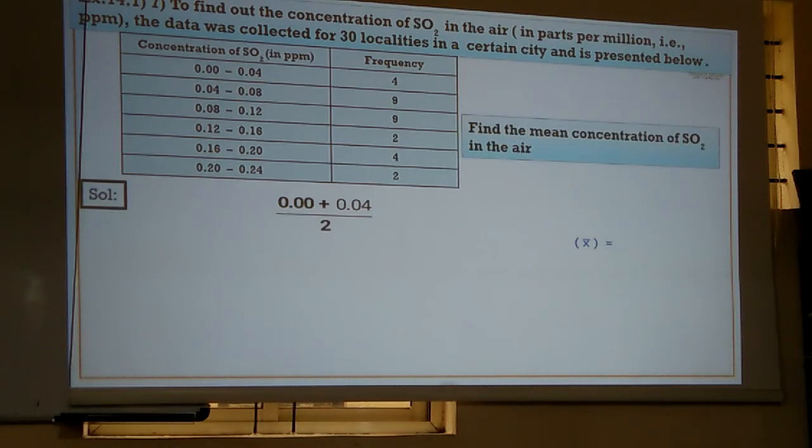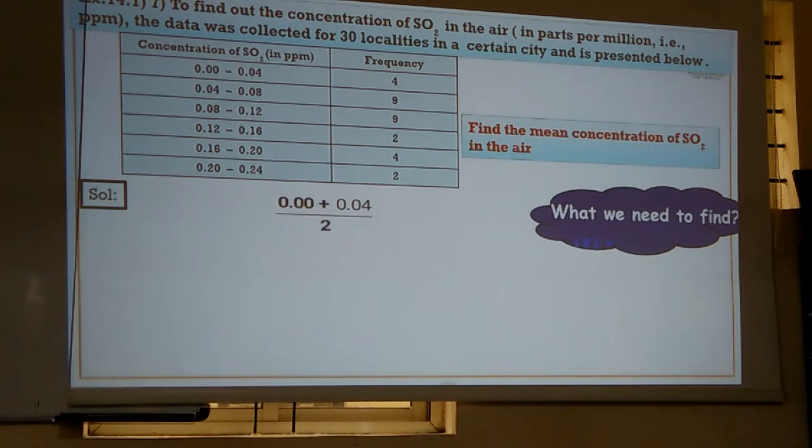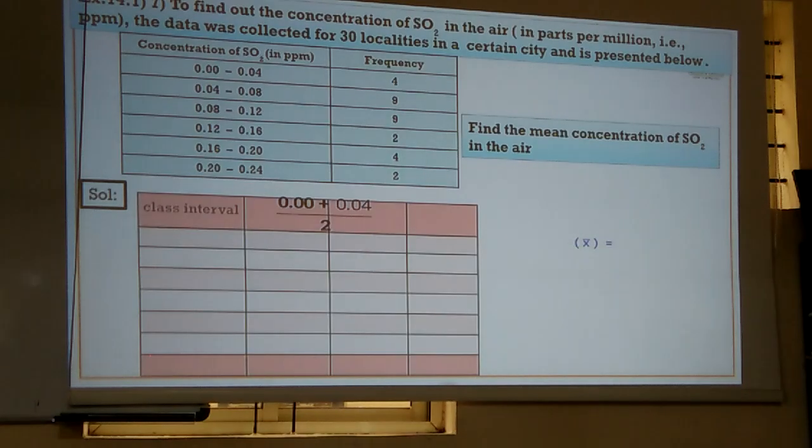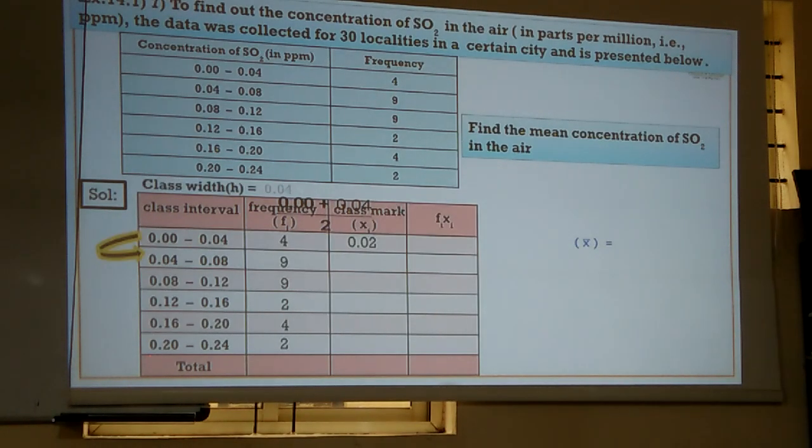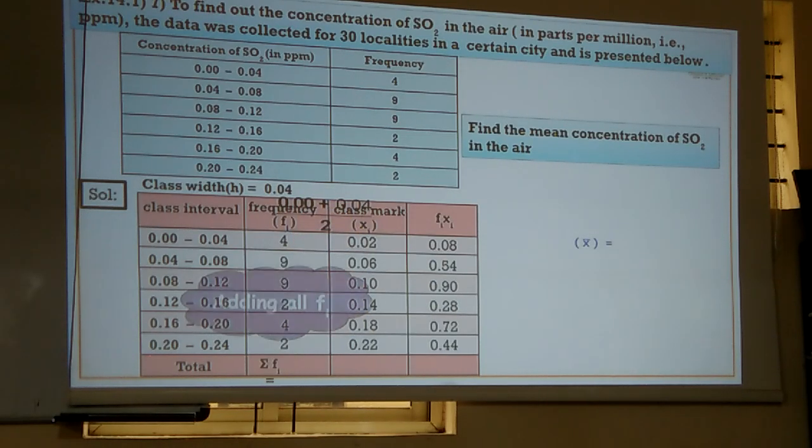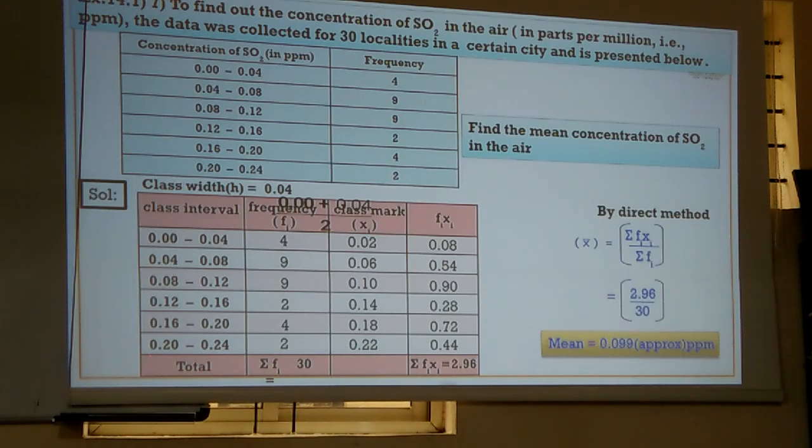What have they asked you to find? Mean concentration. What method will you use? Direct method. Write out the tabulation, then find sigma Fi, sigma Fi Xi, sigma Fi Xi divided by sigma Fi. That is approximately 0.099 parts per million.